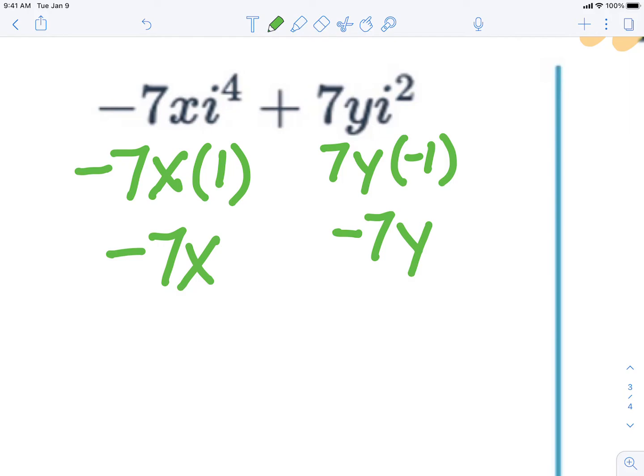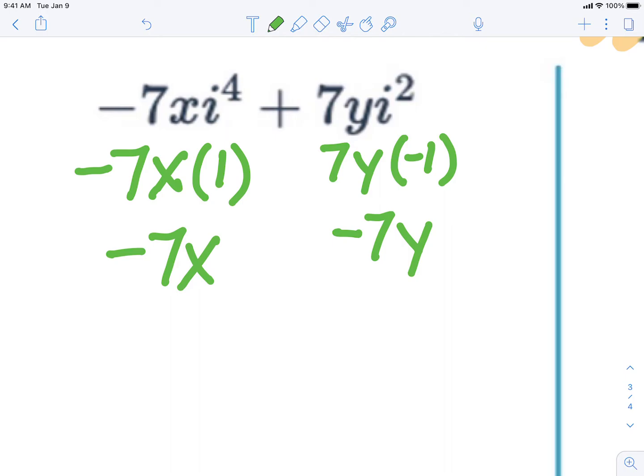I'm going to write them together. Alphabetical order, right? Well, first of all, wait a minute. Are these two like terms? Can I add these two together? Of course not, and the reason is because they don't have the same variable. This one has an x, and this one has a y. Cannot combine them.